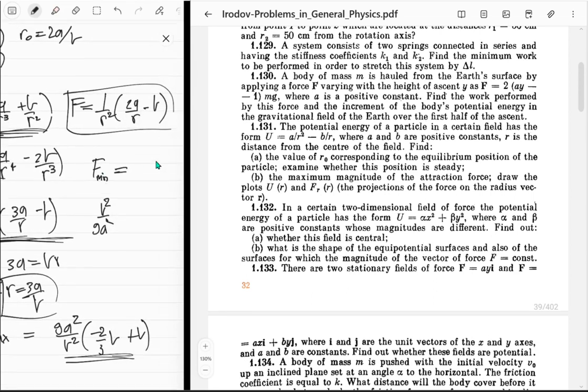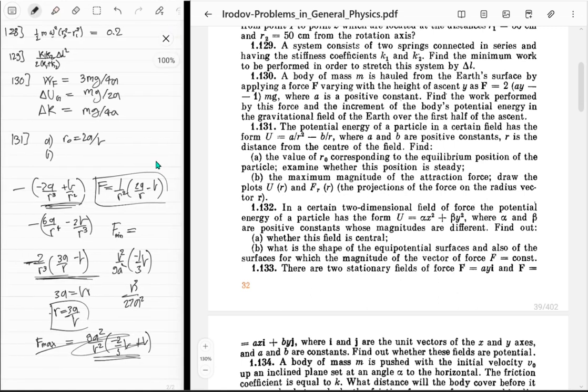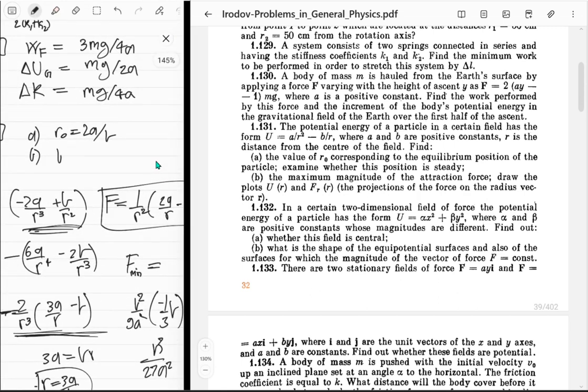It should be 1 upon r squared and not anything else. This is wrong, sorry. And then from here you have 2 upon r, which is 2/3 b, and the 2/3 b minus b is just negative 1/3 b. So the magnitude is b cubed upon 27a squared. That should do it. So b cubed upon 27a squared.